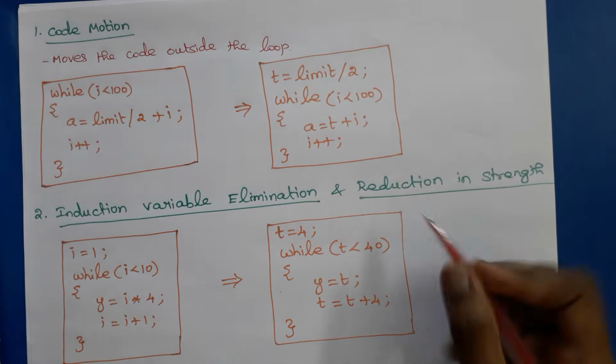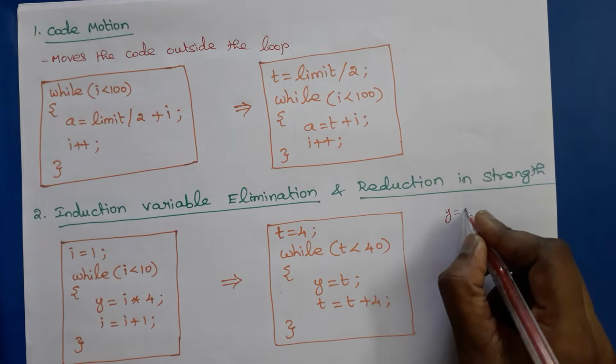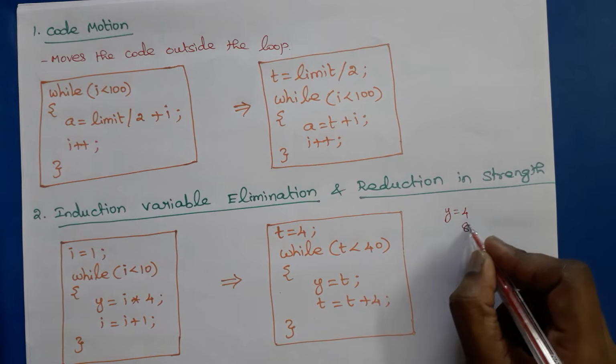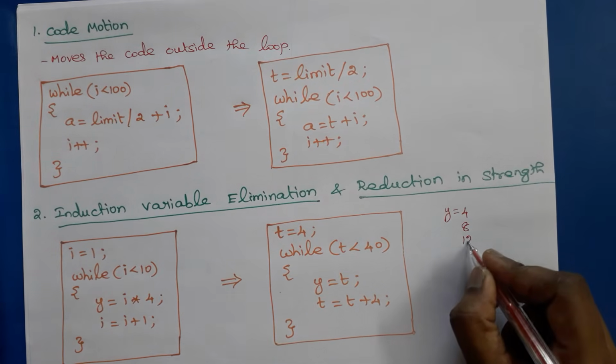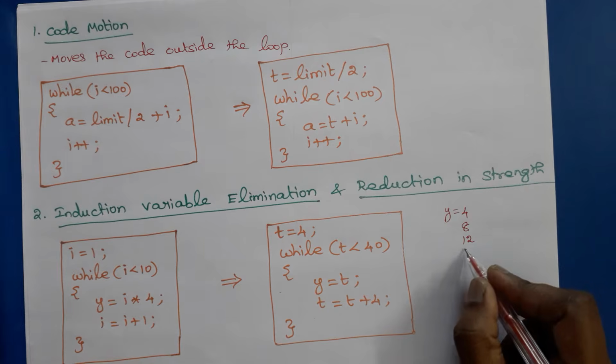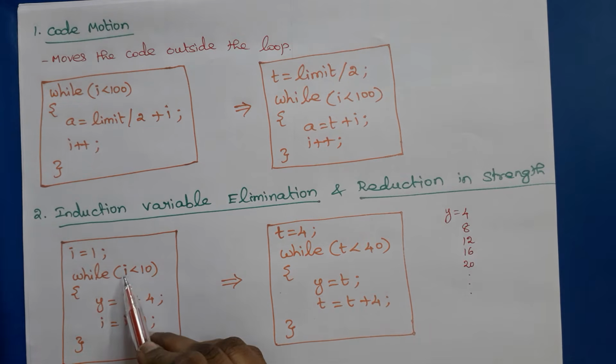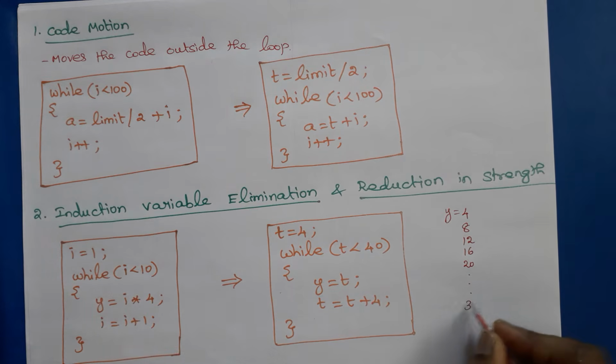So initially y will have 4, that is 1 into 4 is 4, and next I is incremented by 1, so 2 less than 10, then the y value is 2 into 4, so 8. So the third time y value will be 12, then 16, 20, then finally, whenever I becomes 9, y is 36, then the I value will be incremented by 1.